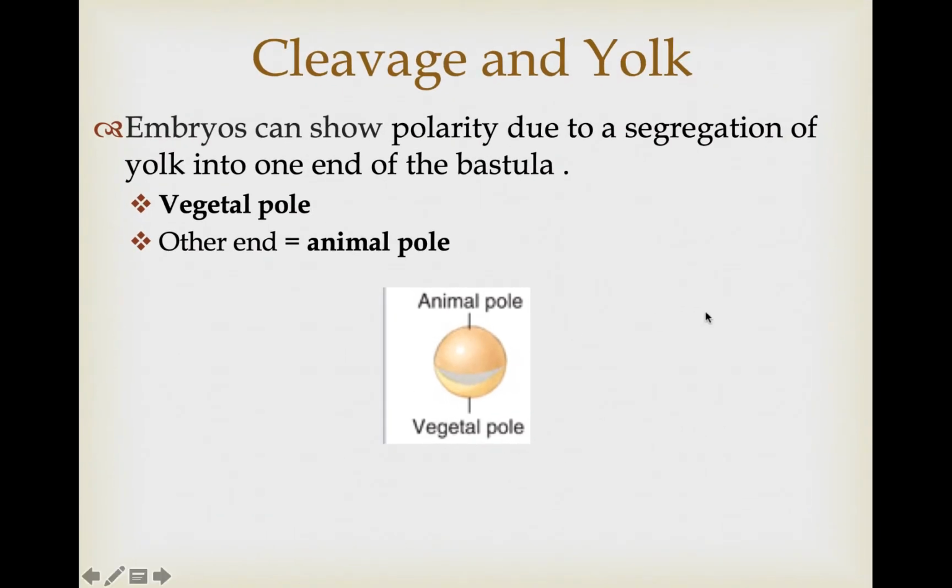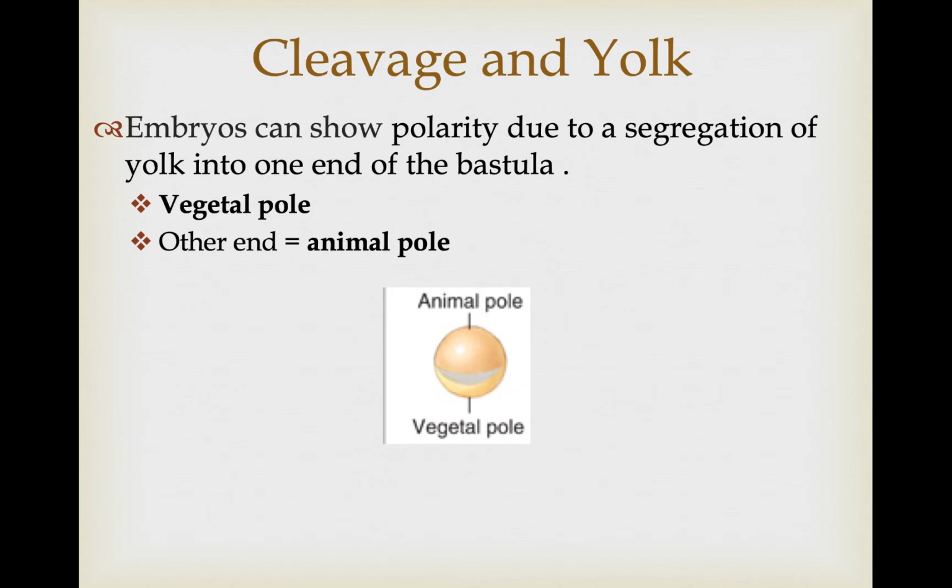Now, one of the things that is seen in an early embryo is a greater or lesser degree of yolk. Yolk is the nutritive material that the early embryo needs to develop. It provides the energy for it to develop. And there's a wide range of yolk in the zygotes of different animals.